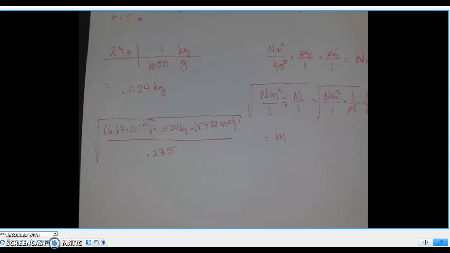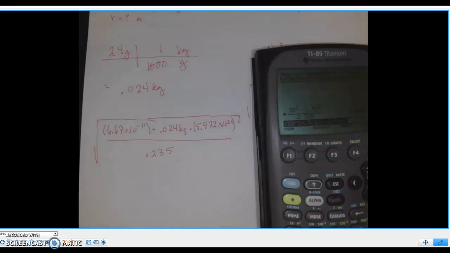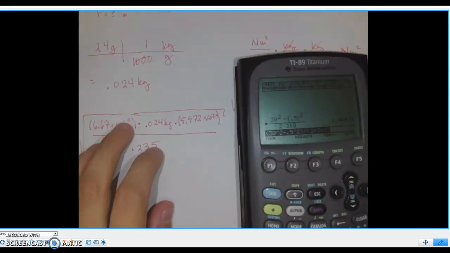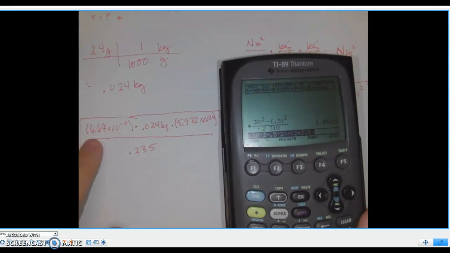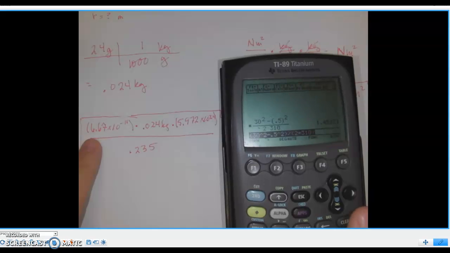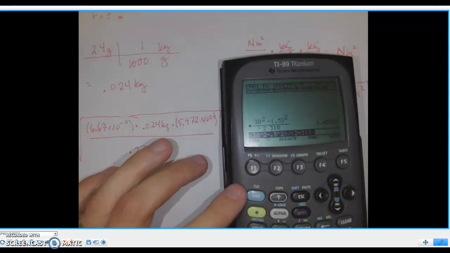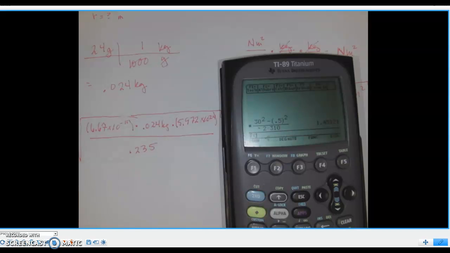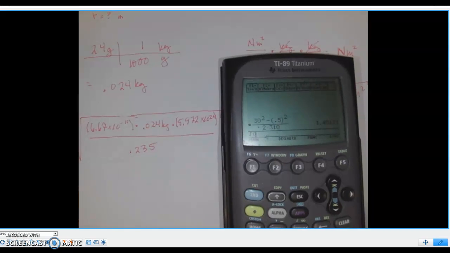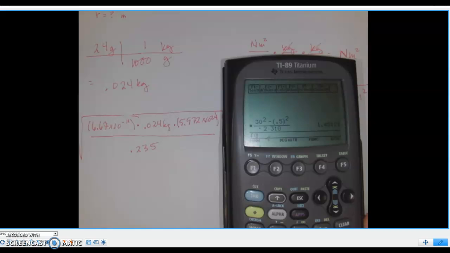Most common mistake, I think, on this one is just calculator error. So if I have a fraction like this, I need to tell my calculator to keep all of this on the top of the fraction. So I have my radical, and again, you can chunk these calculations, but I wanted to show you how you could potentially plug this in all at once. So inside the square root, we want the entire fraction.